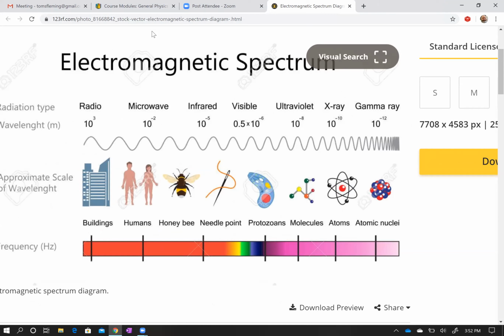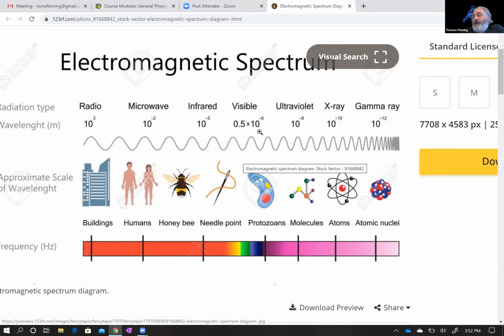Visible? Pretty close. Here you can see that they've got the midpoint of my visible light being about 0.5 times 10 to the minus 6, so I'm on the same order of magnitude as that, right?